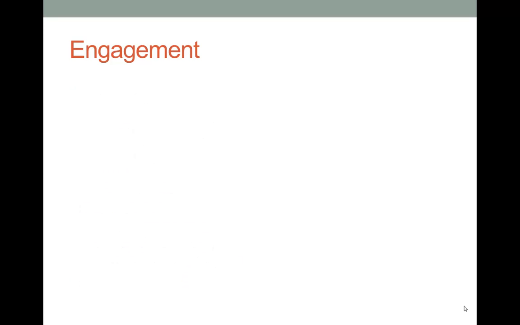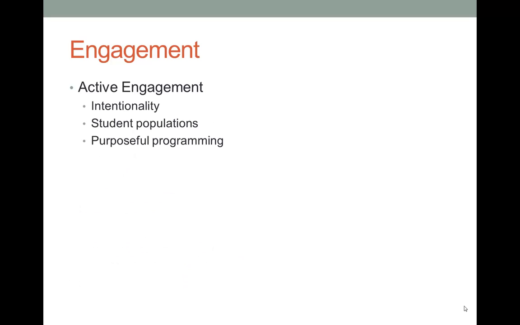So what does this mean for us as student practitioners? Well, the first piece is that we need to think about active engagement. We need to be intentional with our student populations and do purposeful programming, and we need to do some self-reflecting to think, what's going to happen when I do this program? Can anything go wrong? What am I going to do if X happens? And just really thinking about what needs we are serving.